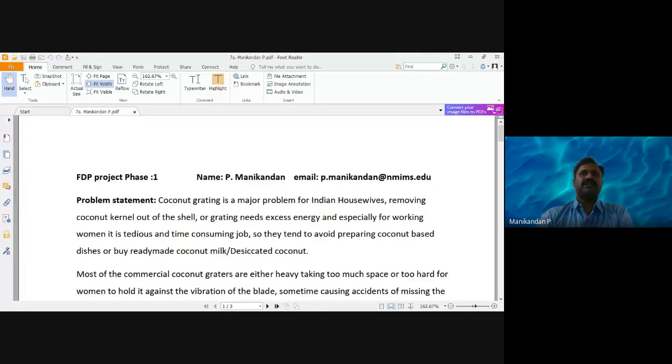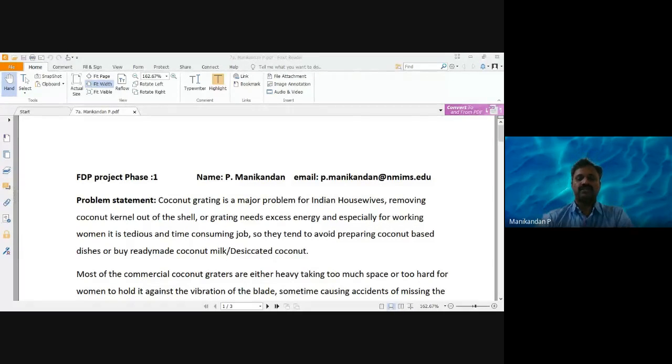In the commercial setup, there are huge motor-based graters which men can handle. But at home, traditional housewives are using manual equipment where it is very hard, a lot of stamina is required and it is time consuming to grate a coconut or to remove it from the shell. Even while removing it from the shell, many accidents happen and people get injured. So this was my problem.